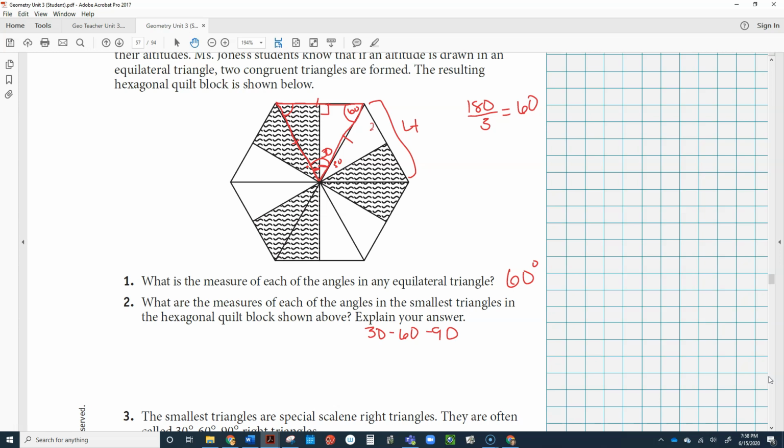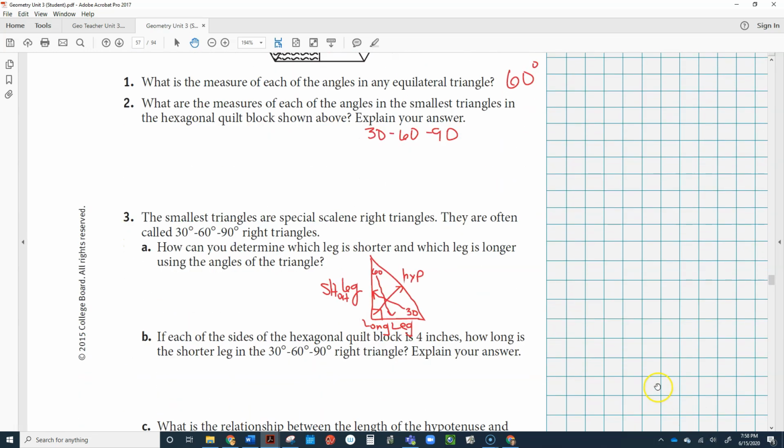So that means this piece is 2 and this piece is 2. So the side across from the 30-degree angle is the shorter leg, and it has a measurement of 2.